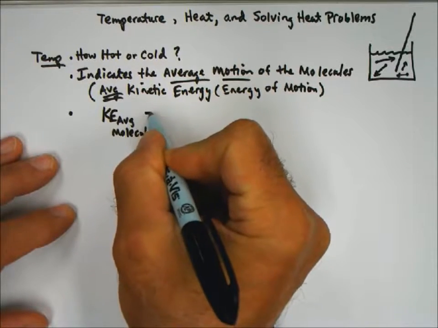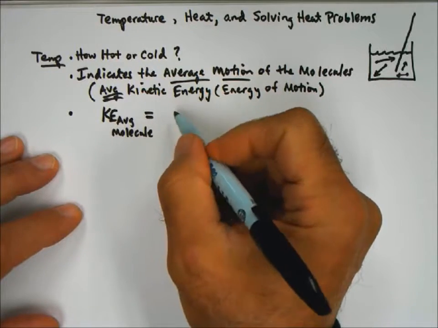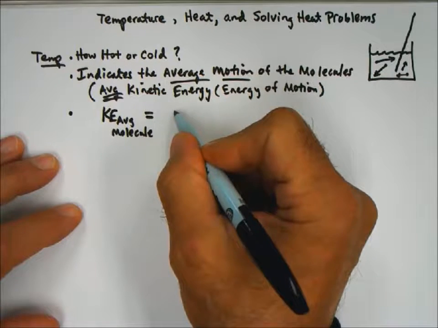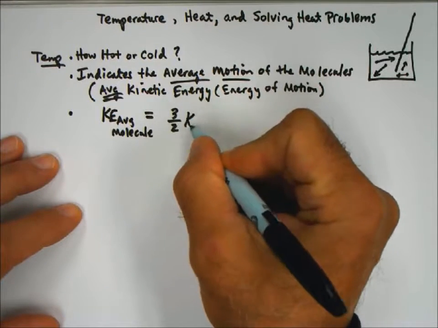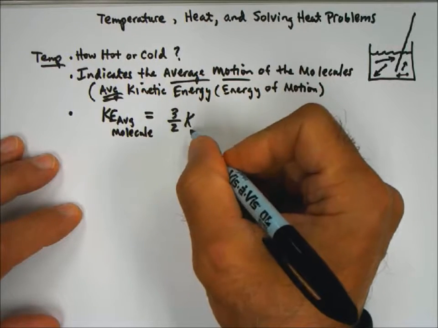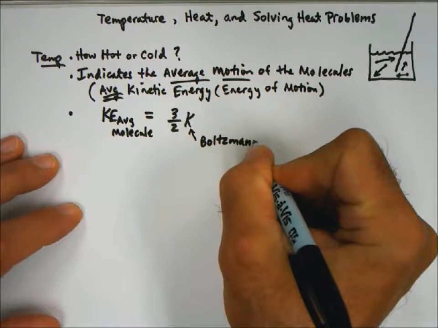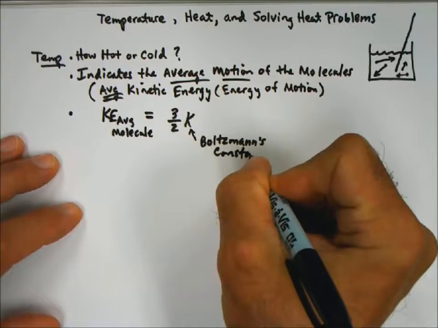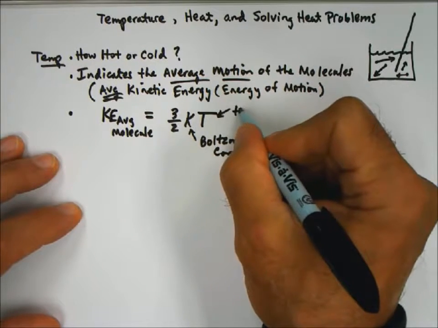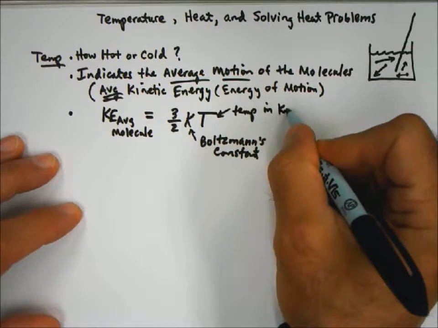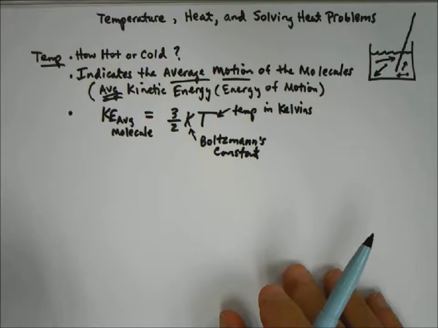The average kinetic energy of a molecule actually equals 3/2, which is a constant, times what's called Boltzmann's constant, indicated by the letter k, times the temperature in kelvins.